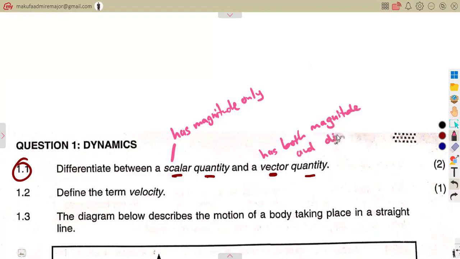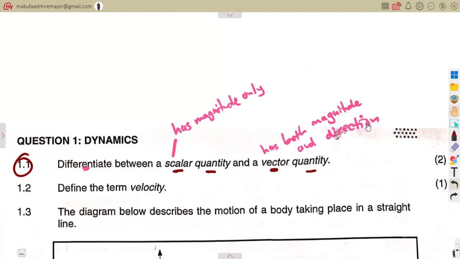A scalar quantity has magnitude only, while a vector has both magnitude and direction. You write this as a statement: a scalar quantity has magnitude only, while a vector quantity has both magnitude and direction. So that was your question.